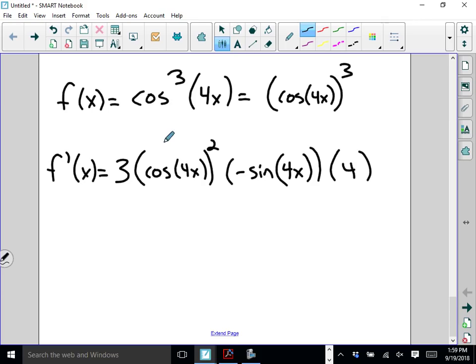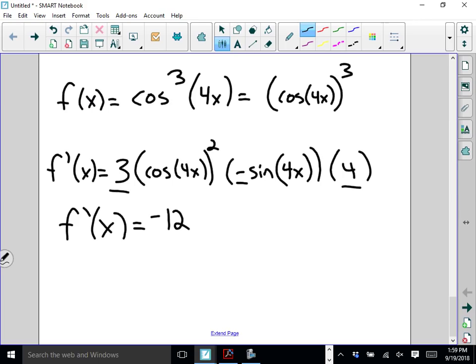That's the answer. I definitely want to clean this thing up because it's pretty ugly right now. So here's what I'm going to do. I'm going to take all of my coefficients, which are 3, -1, and 4. I'm going to multiply those together to get -12. Okay?